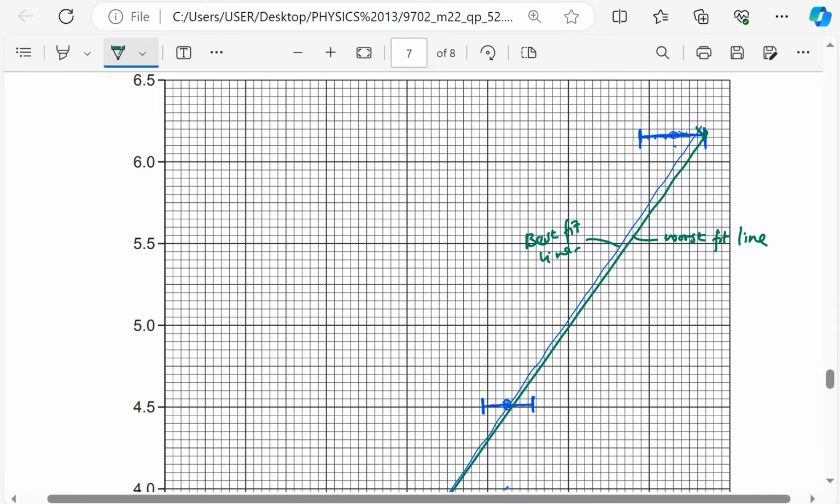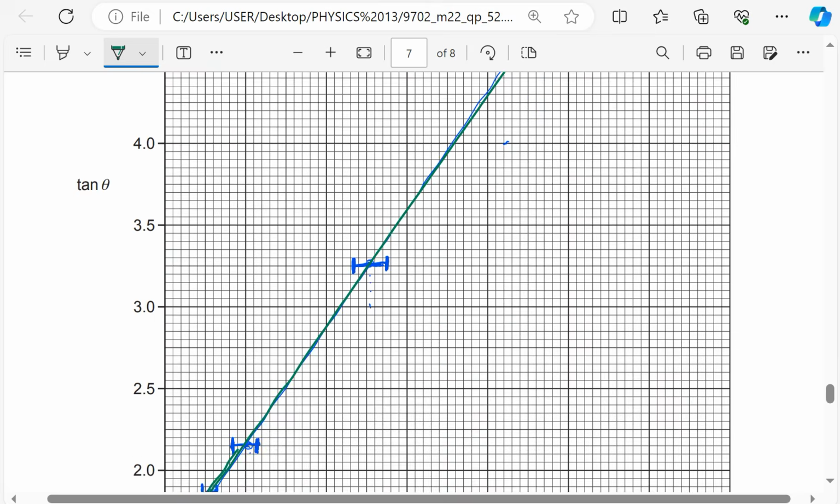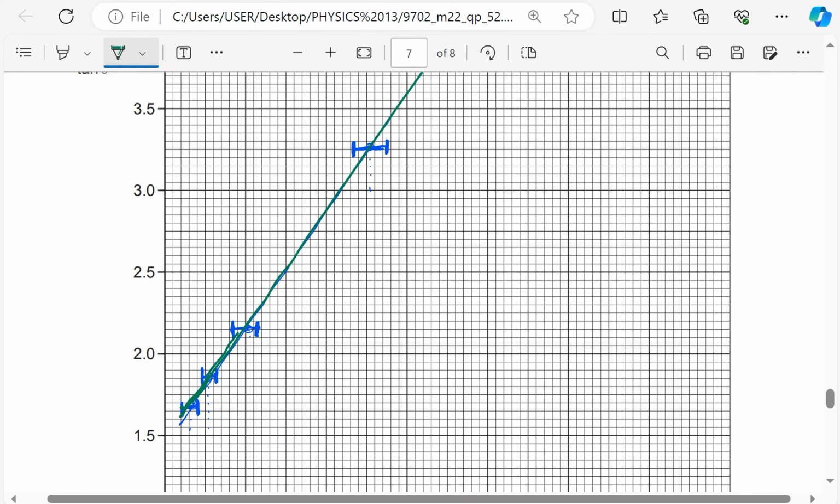Okay, I could even use these 2 points here. Then this side, it's like the lines are meeting, so I'll just choose 1 point. If you draw a better line, they may not be meeting. So I'm assuming that all my lines are passing this point.